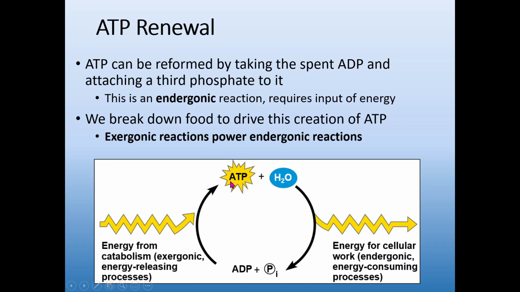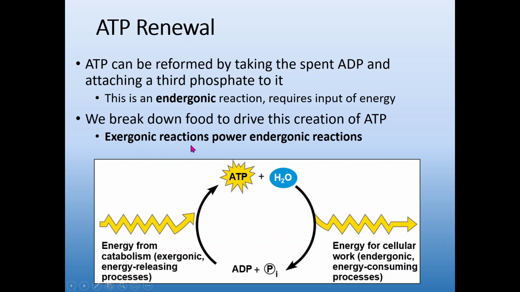So this is why we eat food. We break down food to get energy so that we can reform ATP. So we use an exergonic reaction, the process of breaking down food molecules to get the energy from their bonds, to power this all-important endergonic reaction, the remaking of ATP, which is the energy currency of our cells.